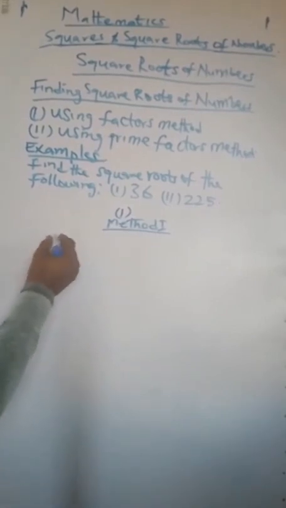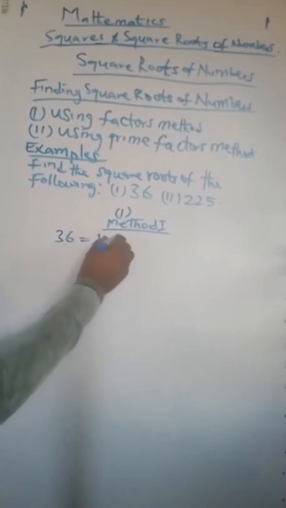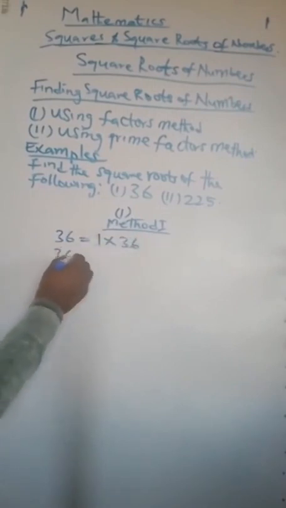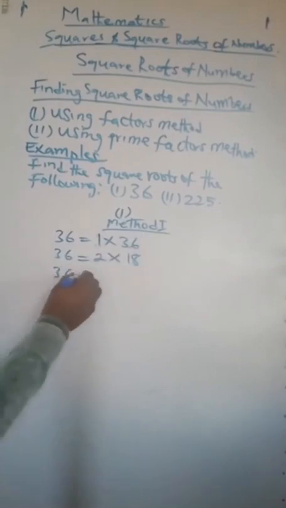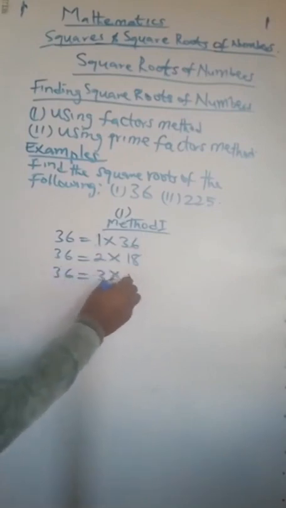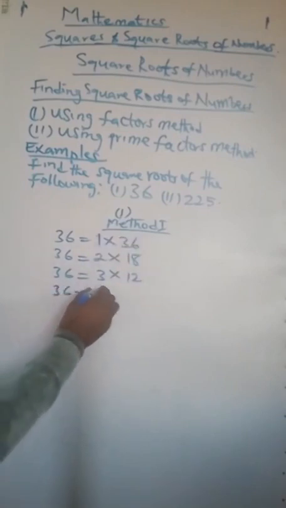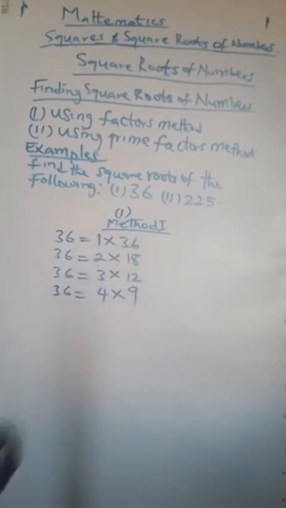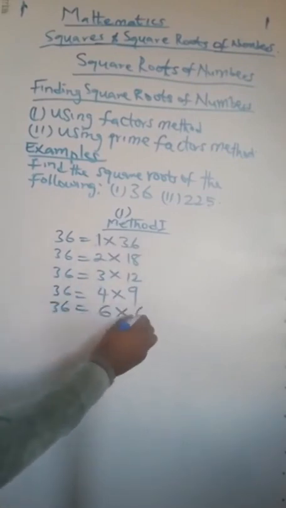Factors of 36. 36 equals 1 times 36, right? 36 is 2 times 18. 36 is 3 times 12. 36 is 4 times 9. 5 cannot divide it, we skip it. 6. 36 is 6 times 6.